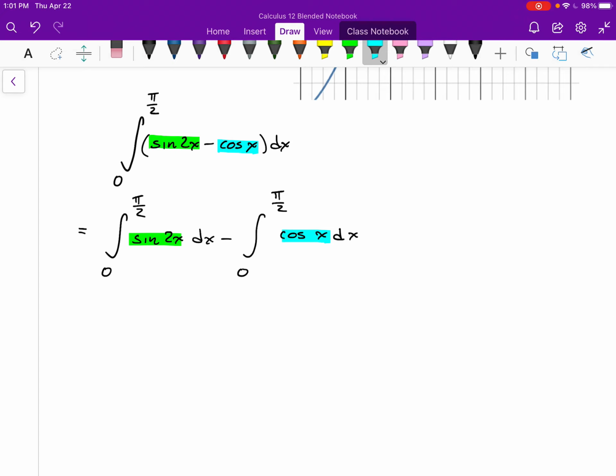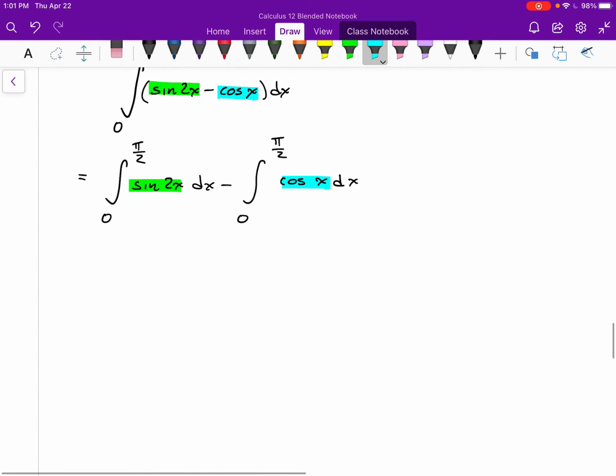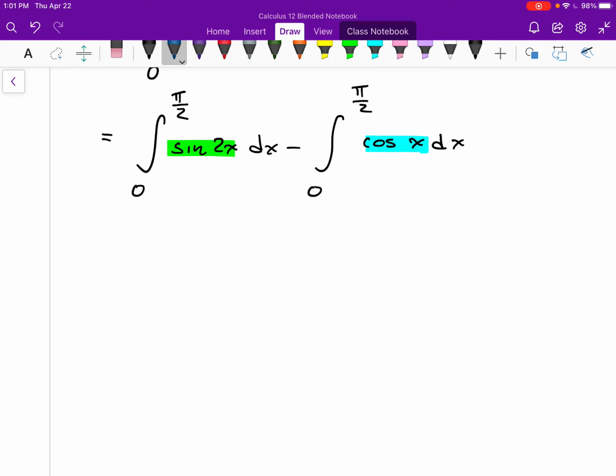And I can just see, again, what the antiderivative of cos x is. And so really most of my work is focusing on the sine 2x part. So for that, I want to let u equal 2x, and therefore du will equal 2 times dx.